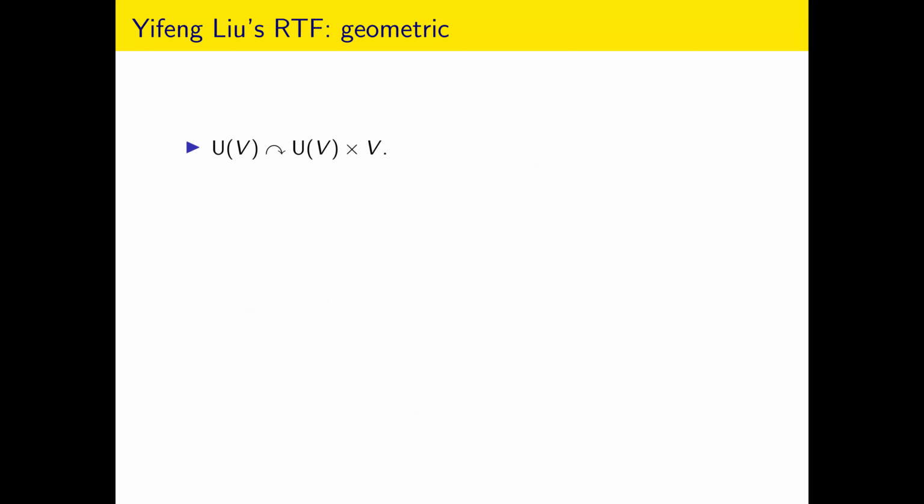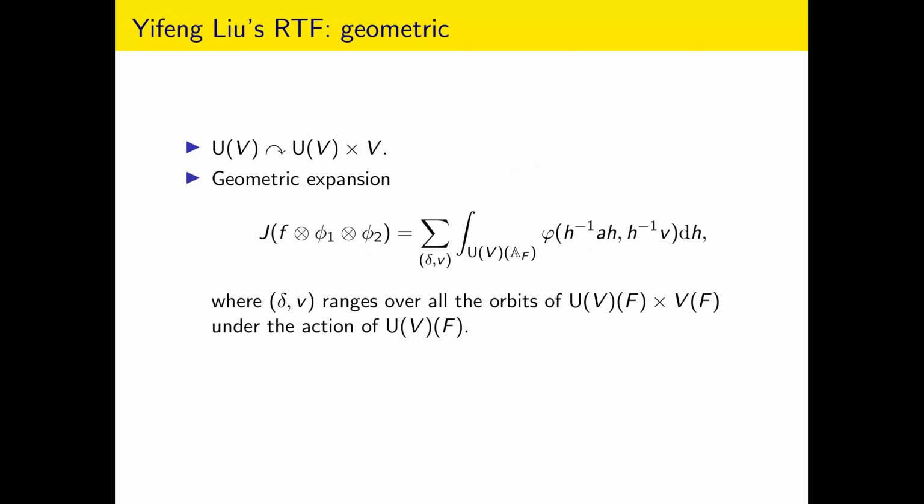But the upshot is that we have an action of U_n on U_n cross V. The first component is the conjugate action, and the second one is the usual multiplication. This is what we get first. Second, we get a geometric expansion in terms of the orbital integrals of this action. So this is essentially the work of Liu Yifeng.